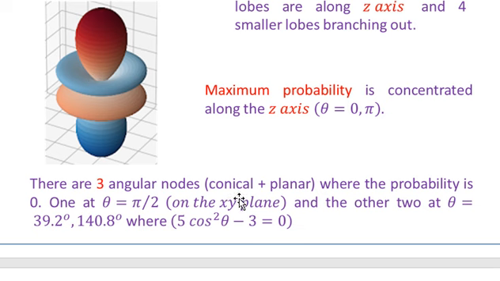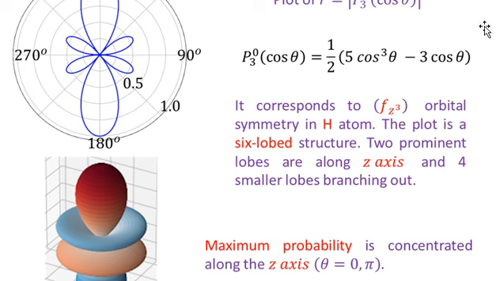The other nodes will come from the conical, and these will come at some angle, that is at 39.2 degrees, and one line will pass at 39.2 degrees, the other line will pass through z is equal to 0 at 140.8 degrees. And these two lines can be obtained when you set the value of this function equal to 0. That is, if you take cos theta common from this parenthesis, then cos theta will be equal to 0 on the xy plane.